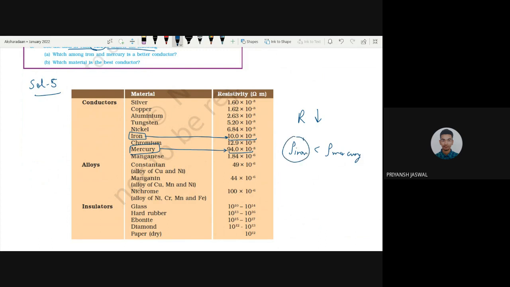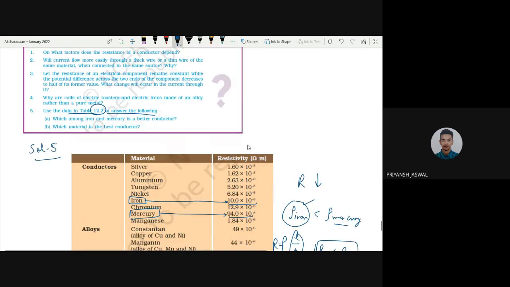So iron will be a better conductor over mercury because for same physical parameters, that is when L and A are constant, R is proportional to rho. So for lower resistivity, resistance will also be lower, and that is the meaning of a good conductor. Low resistivity. So here, iron is the answer.